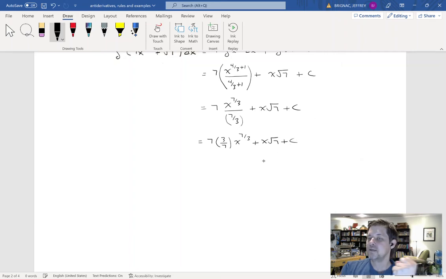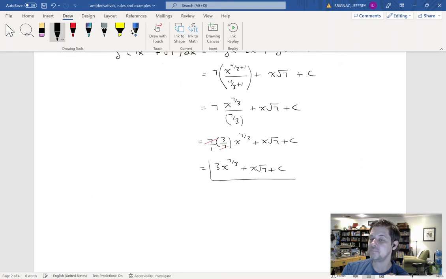Now here I find that some of the numbers do cancel. I have a 7 on top and a 7 on the bottom. See, 7 is 7/1. So I got a 7/1, then I got a 3/7. So the 7's cancel, and then I'll get my final answer. So 3 times x to the power 7/3 plus x root 7, and then plus c.